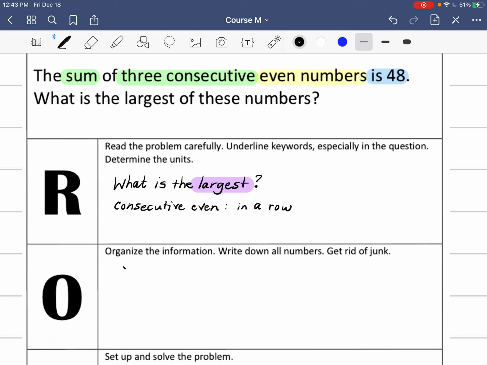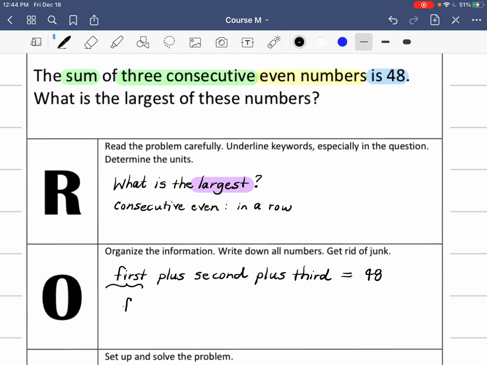So with this situation, we have always the first plus the second plus the third. This is the same pattern we saw in that other consecutive numbers, and then that will equal 48.